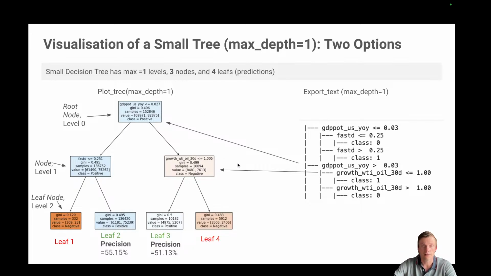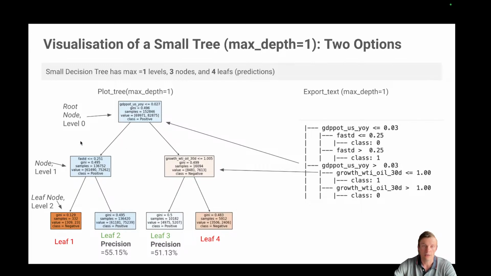So we have a tree of depth 2, but there are only two rules that can be used to make a prediction. So the rule at the root node, that is level 0, compares GDP potential, US year over year, less than 2.7% or more than 2.7%, and then if it's less, it goes to the left subtree. If it's more, it goes to the right subtree.